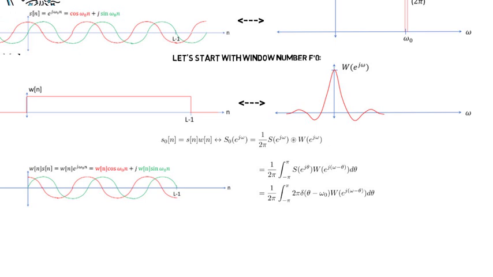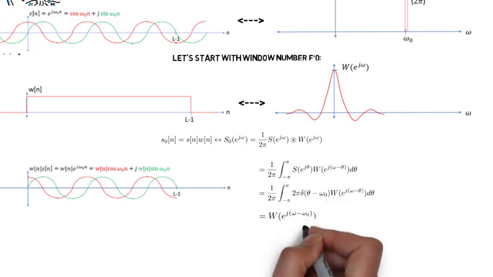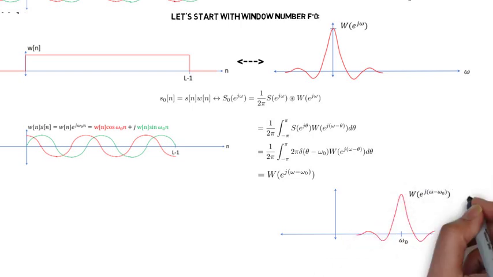And then the delta function has this sampling property. When we multiply the delta function times W and integrate over one complete period, all it does is pick out the value of W at the place where the delta function has its spike. The delta function has its spike at theta equals omega naught, and so we get W of e to the j omega minus omega naught. And that's plotted here. It's just the window function shifted over to be centered at omega naught.